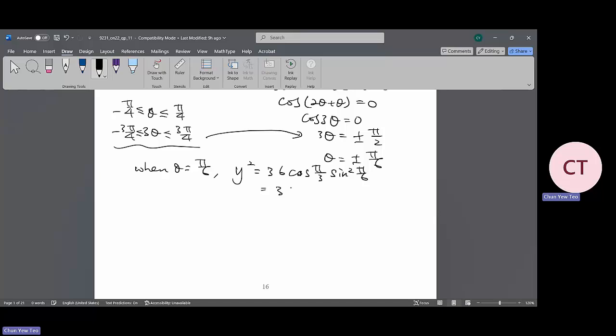So this one is 36 times half times 1 over 4. So you get 36 over 8, 9 over 2. Okay, you get 9 over 2. So your y is equal to 3 over 2 root 2, or 3 root 2 over 2. That is your y max.